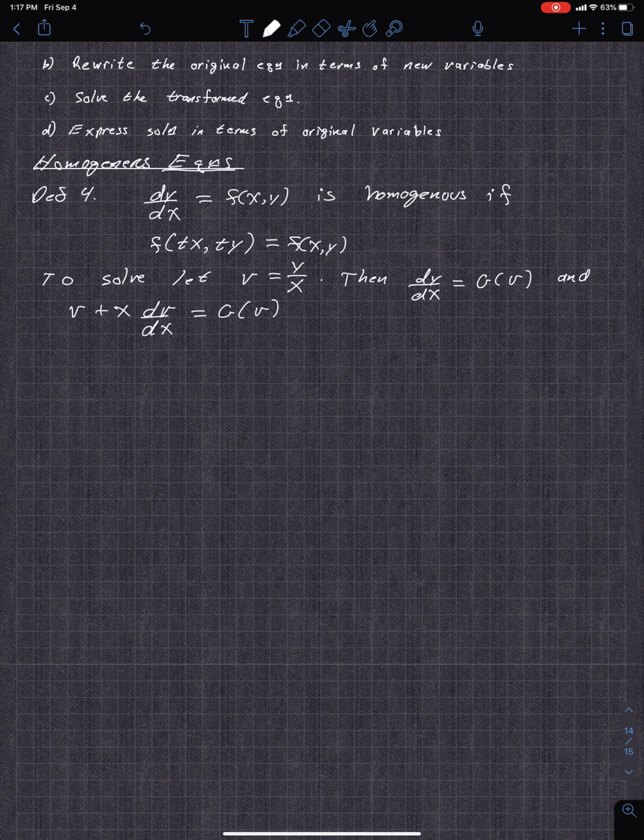That is separable, so you convert to a separable equation. So you integrate 1 over g of v minus v dv equal to the integral of 1 over x dx.